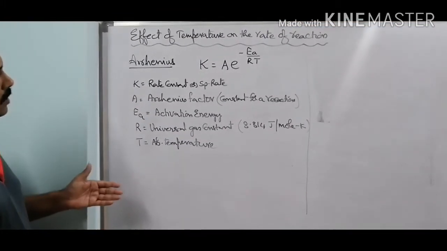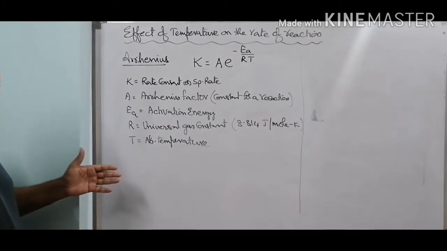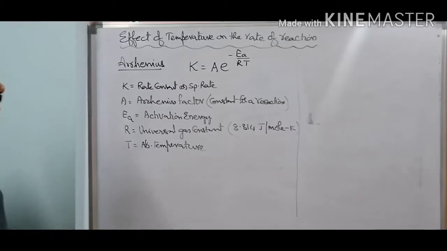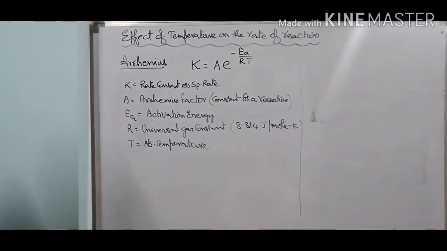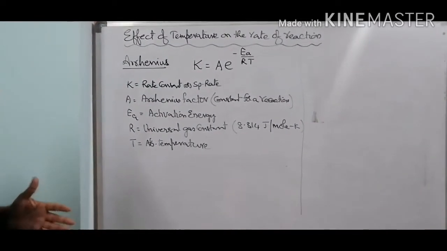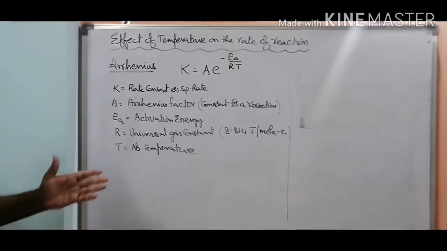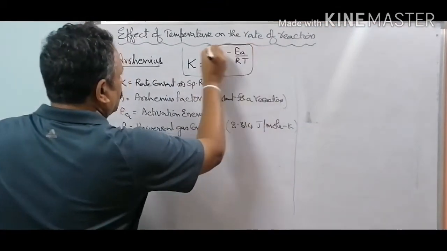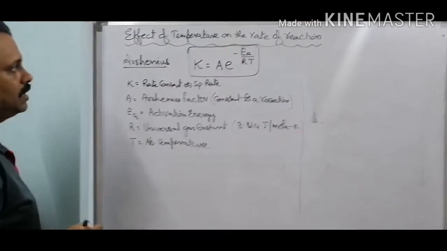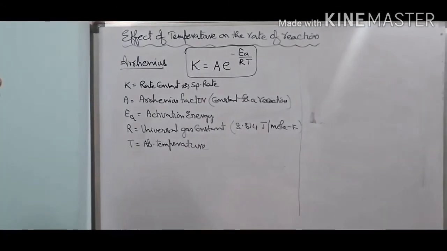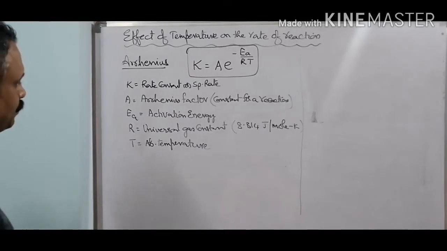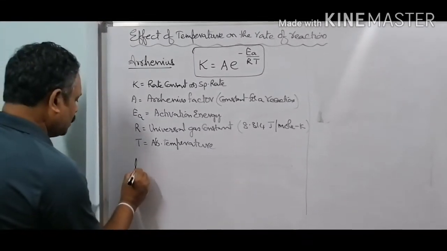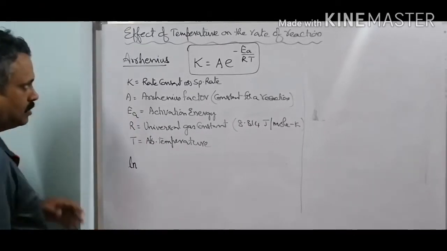Now let us see how we can modify this Arrhenius equation to do numericals. For that, let us apply logarithm to this Arrhenius equation, which is k = A e^(-Ea/RT). As I told, for scientific terms, we will be applying natural logarithms.